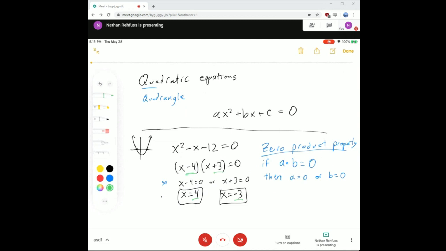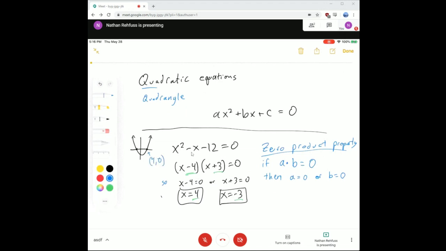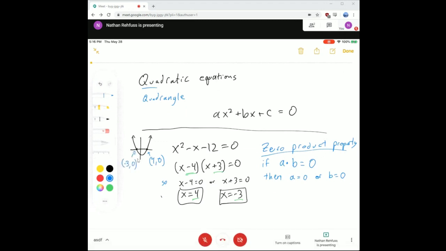So what that means on this graph here is that this is the point 4, 0. So x is equal to 4, and this whole expression is equal to 0. And this is the point, if x is -3, then the whole expression is equal to 0 again. So those are the two places where I can plug in those values of x and get 0.